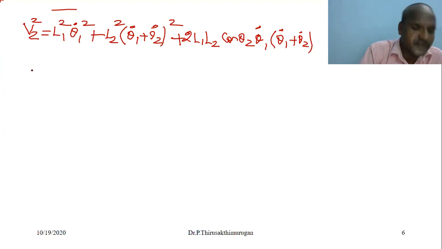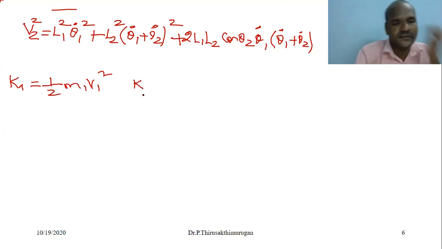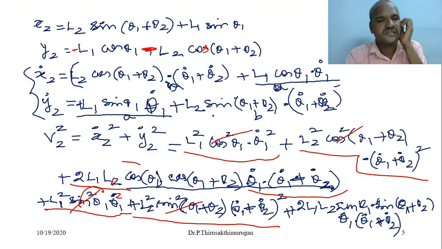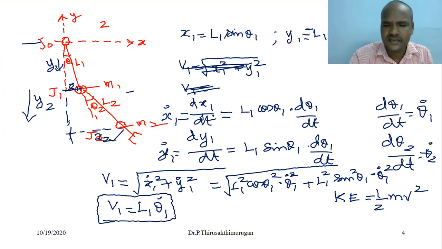So what is kinetic energy? Kinetic energy K1 equal to half of M1 V1 square. What is V1 square? L1 square theta 1 dot square.